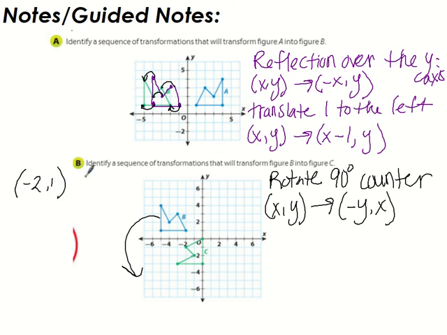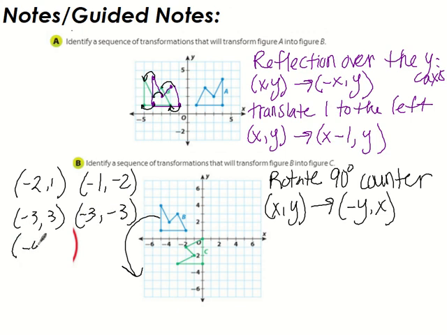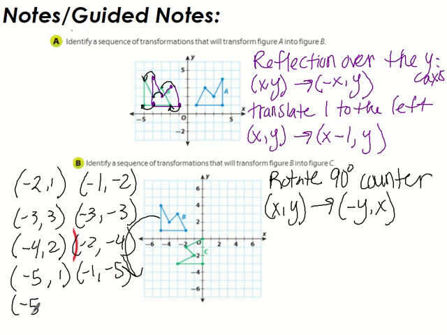Negative 2, 1 will go to negative 1, negative 2. And negative 3, 3 will go to negative 3, negative 3. Negative 4, 2 goes to negative 2, negative 4. Negative 5, 1 goes to negative 1, negative 5. And negative 5, 4 will go to negative 4, negative 5.